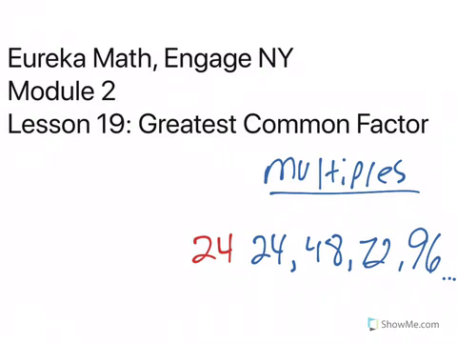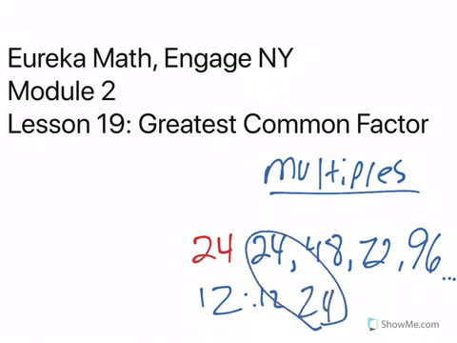So least common multiple is if I have another number, let's say 12, we're finding more multiples of that. We go 12, we go 24, and then we say, hey, the least number they have in common as their multiples is 24, so the LCM, least common multiple, would be 24.